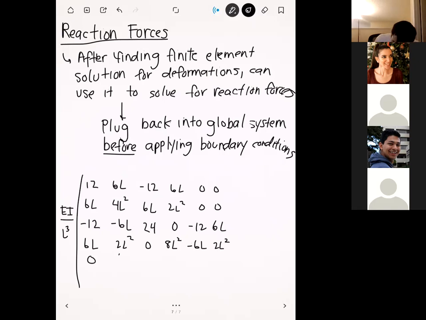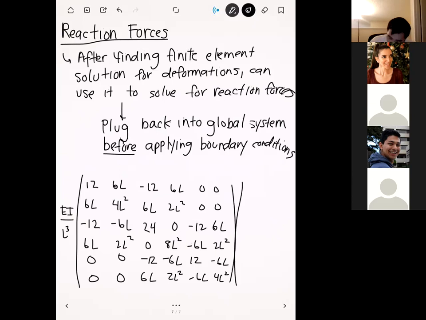And then 0, 0, 0, 0, minus 12, minus 6L, 12, minus 6L, 6L. And to this, we're going to multiply u1y, theta 1, u2y, theta 2, u3y, theta 3.